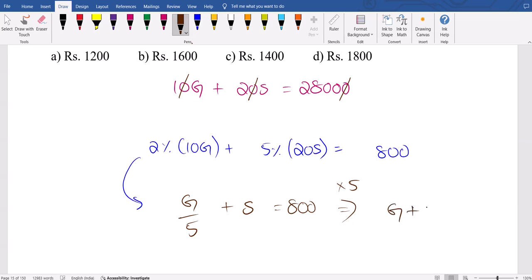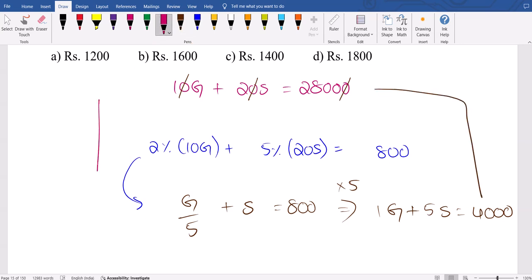G plus 1 gram of gold plus 5 grams of silver equal to 4000. Here 1 gram of gold plus 2 grams of silver is 2800. Taking the difference, 3 grams of silver is 1200. 1 gram of silver is 400. When 1 gram of silver is 400, 1 gram of gold is 2000.